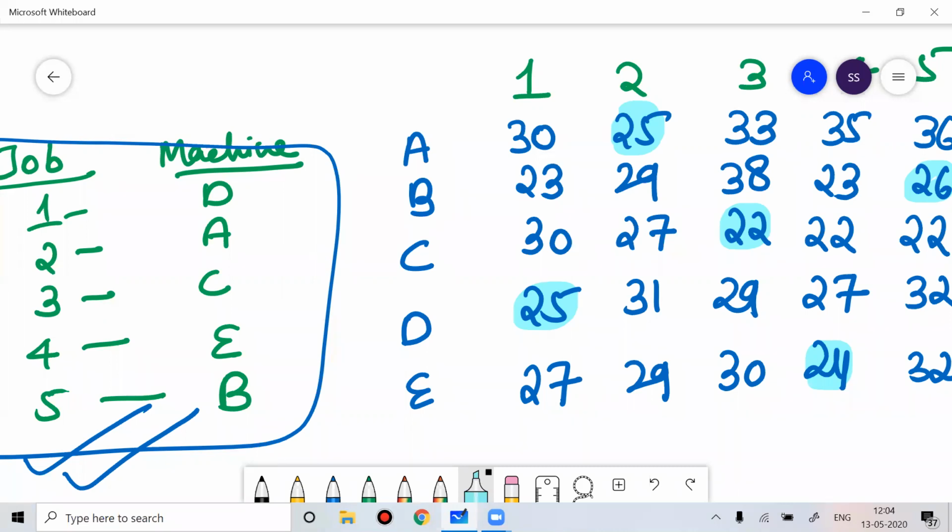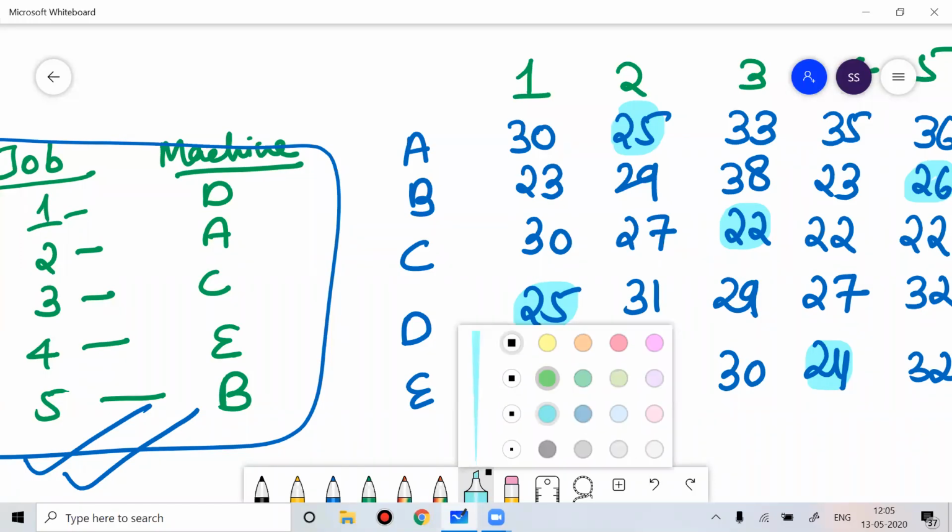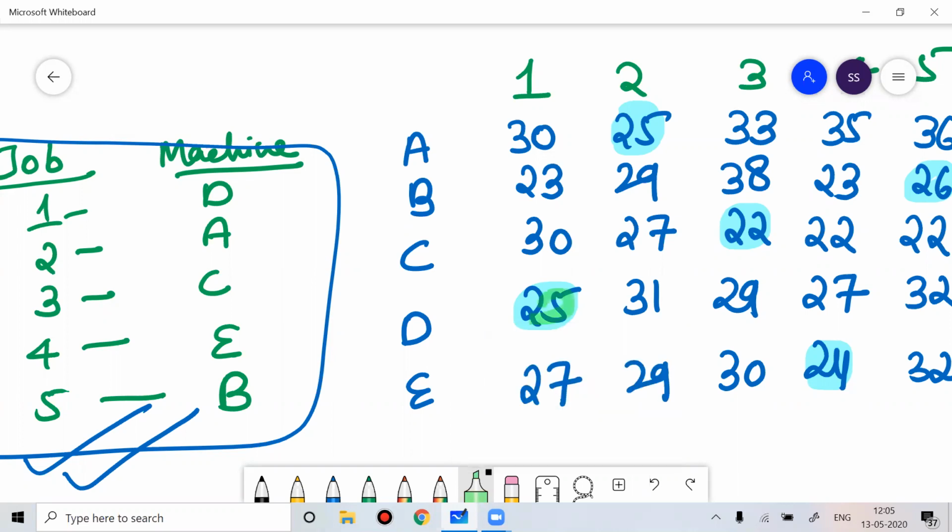Now whenever you do a job, you require a cost. Nothing in this world comes for free. Whenever you're doing some job on any machine, you require a cost. And these are the costs. It is a coincidence that here there is 25, and here this is 25.